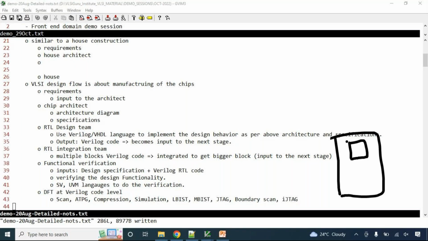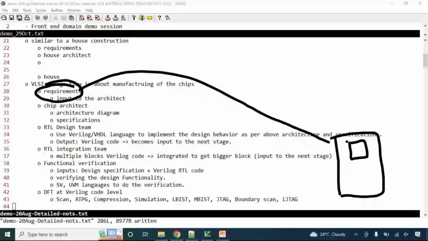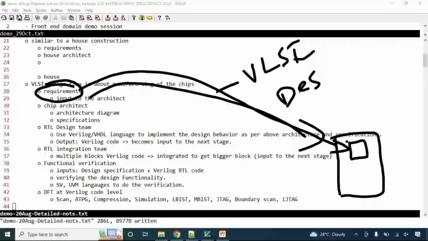It starts initially from the requirements, and by the time it gets manufactured and goes into the final product, what we call packaging, like you're making a package out of it, that's why it's called packaging. This entire process is what we call the VLSI design flow.